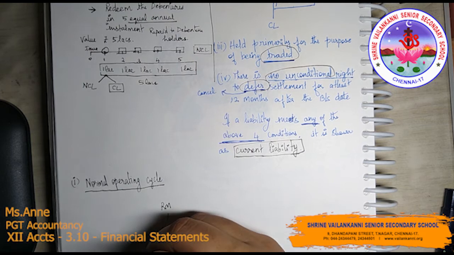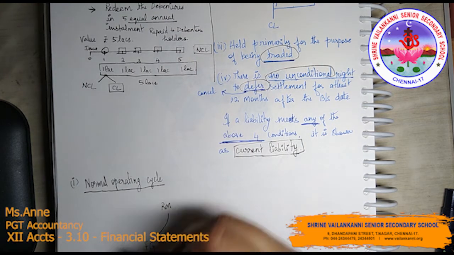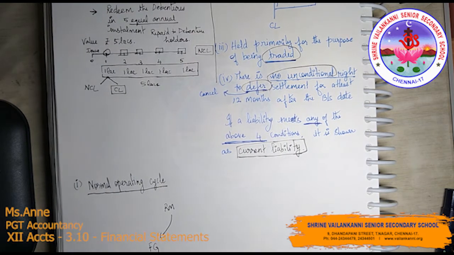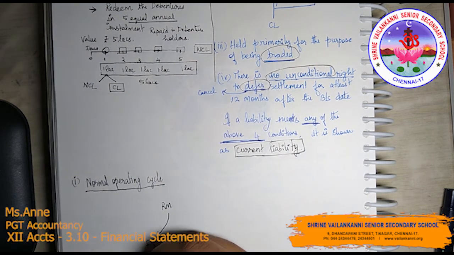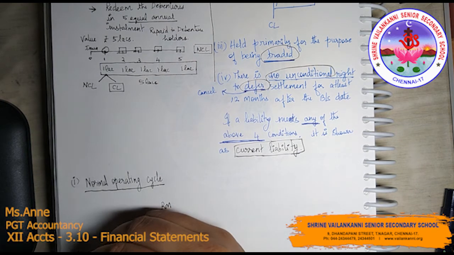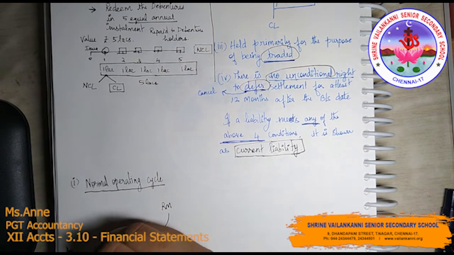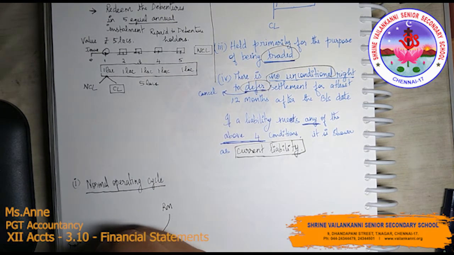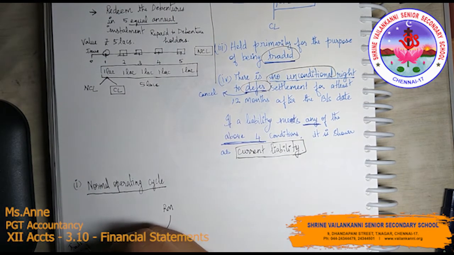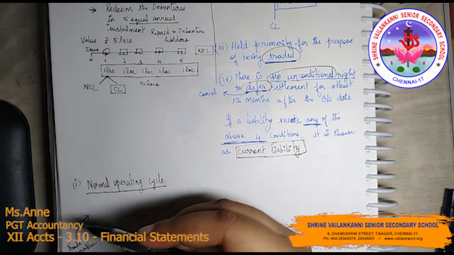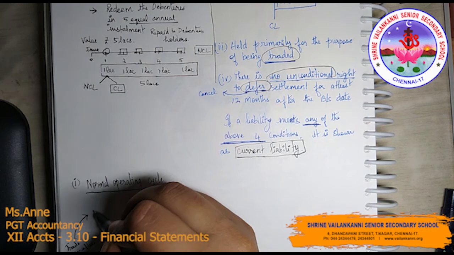Finished goods should be held as inventory. Okay, inventory is stock. If inventory is sold out as credit sales, then you have trade receivables. Trade receivables in turn is realized as cash.